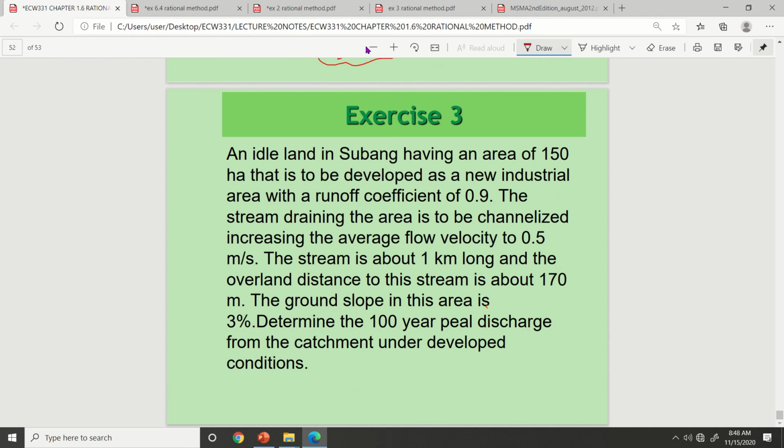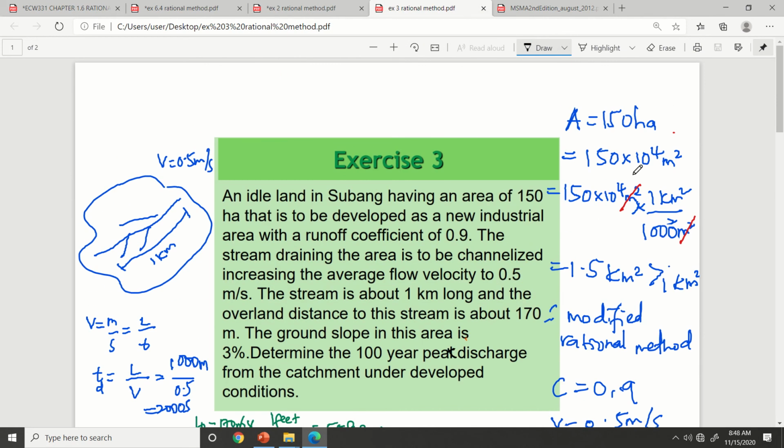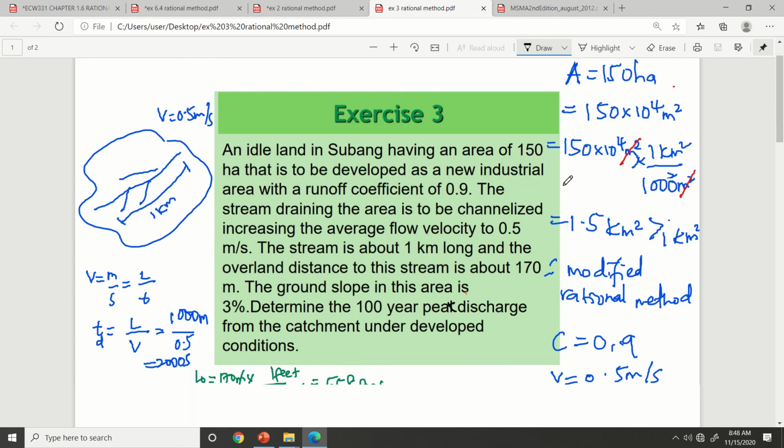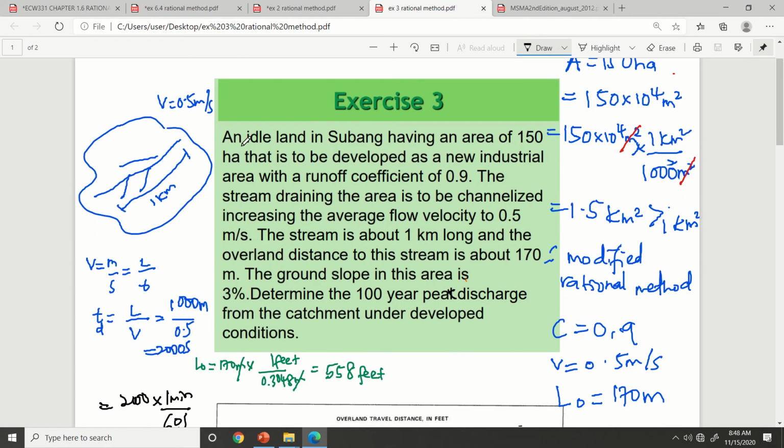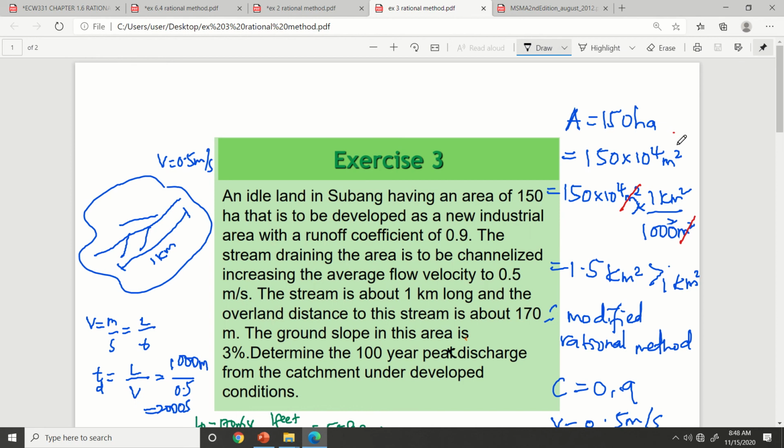Exercise 3. Given an ideal land in Subang having an area 150 hectare. Given area 150 hectare, I have to confirm whether I will use the modified rational method or the simple rational method.